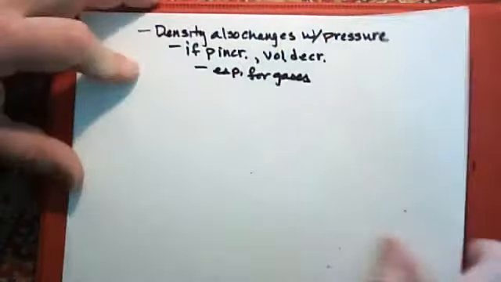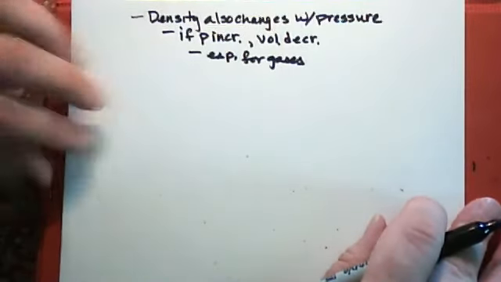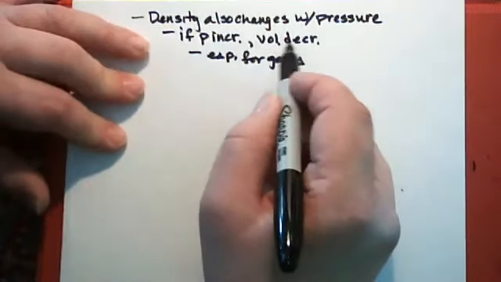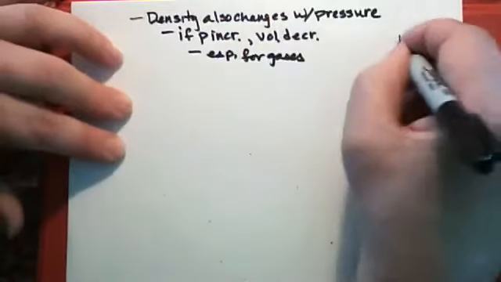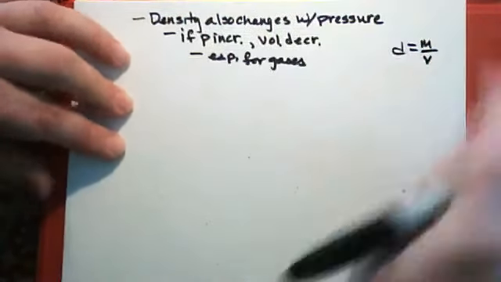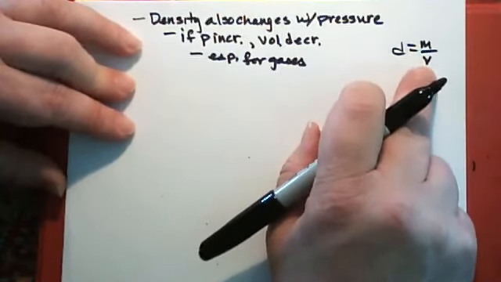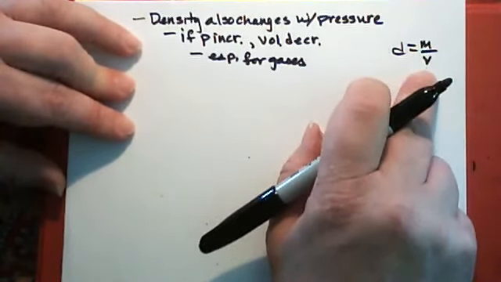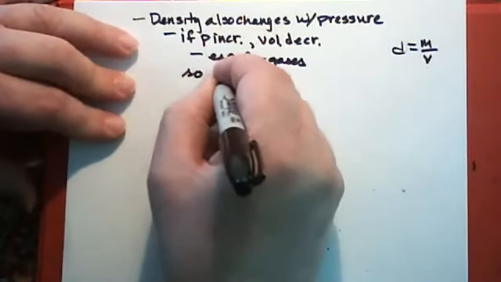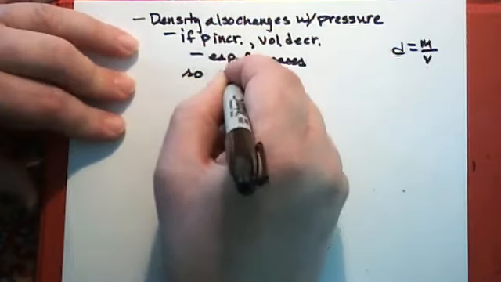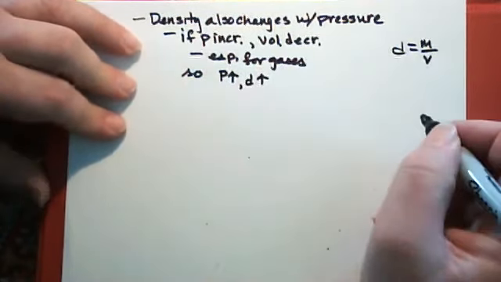That's especially true for gases, also true to some extent for liquids, but not as much as with gases. So again, volume is decreasing, but for the density equation, the volume is on the bottom of the fraction. So if the number on the bottom of the fraction is getting smaller, you're dividing by a smaller number, which means the result gets bigger. So if the pressure goes up, density goes up.